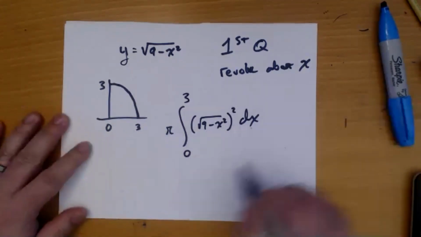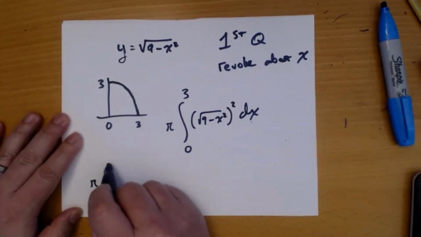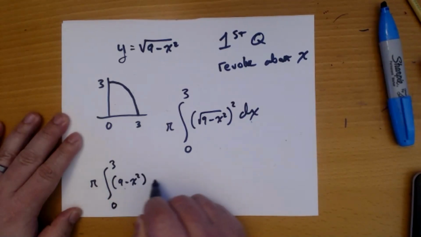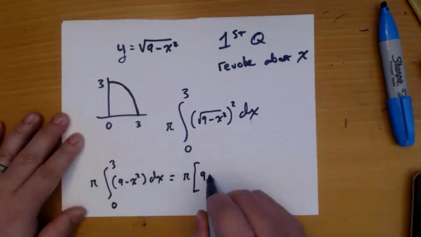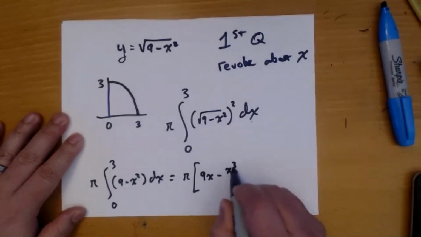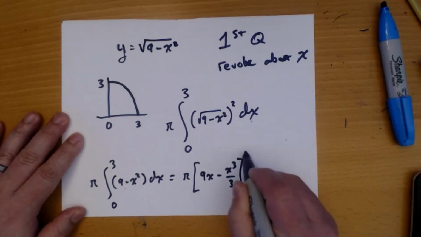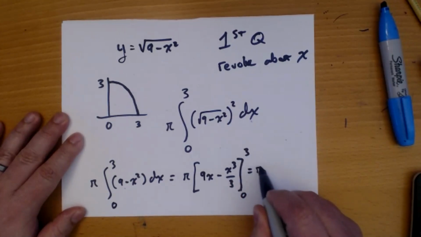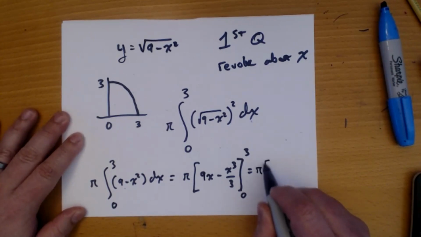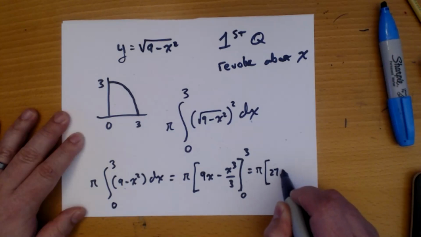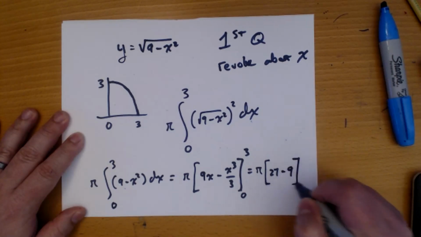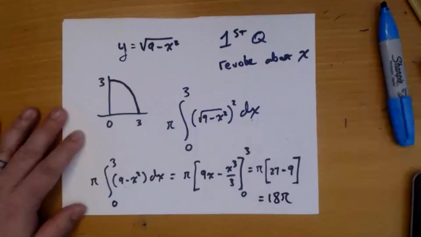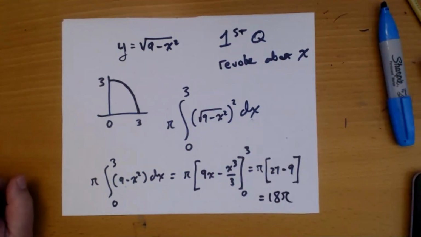And of course, the square and the square root go away. Who got it?